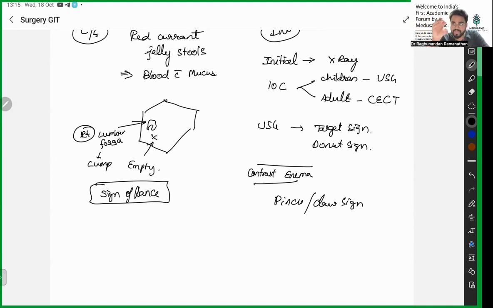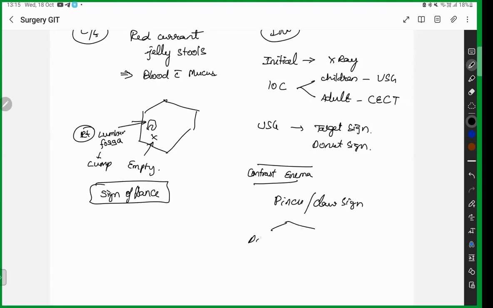So you will have a claw sign or a pincer sign. The contrast enema is both diagnostic as well as therapeutic.